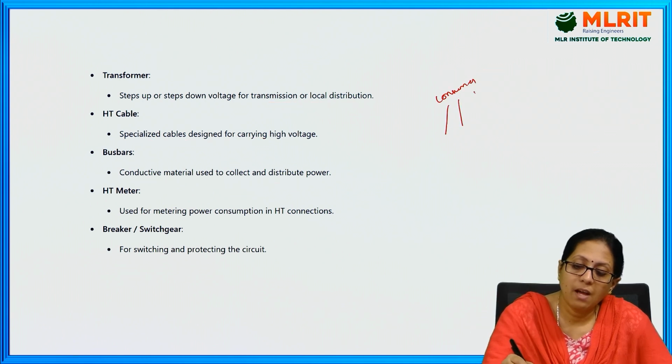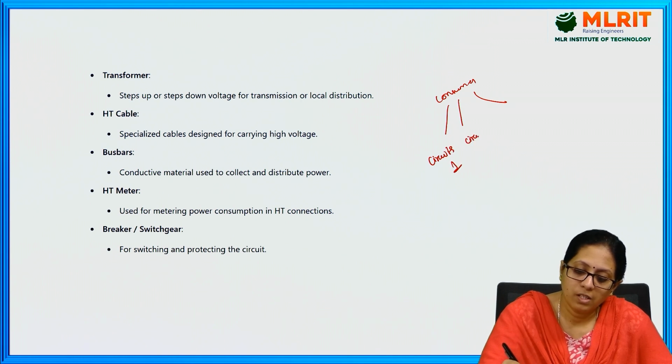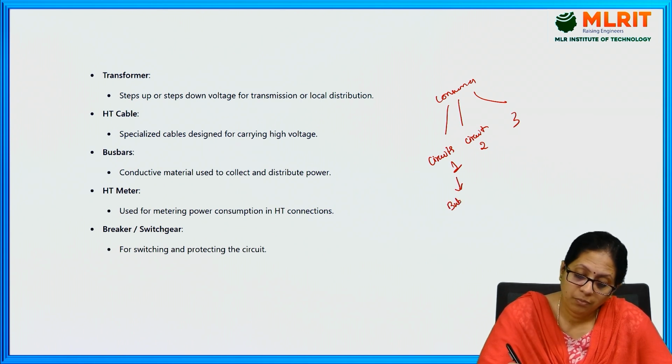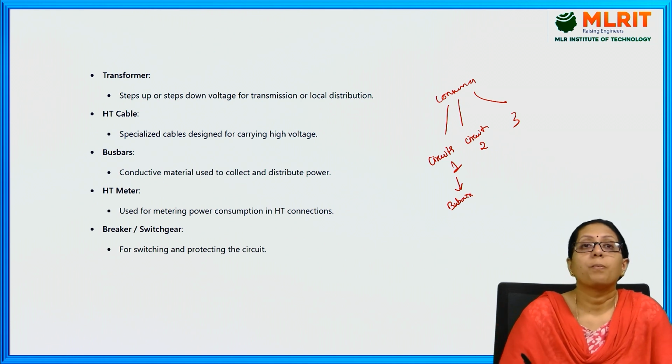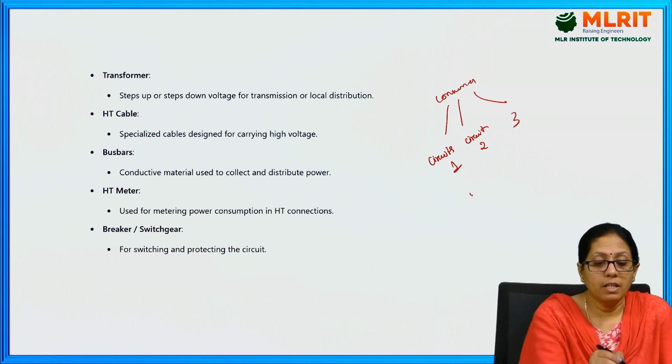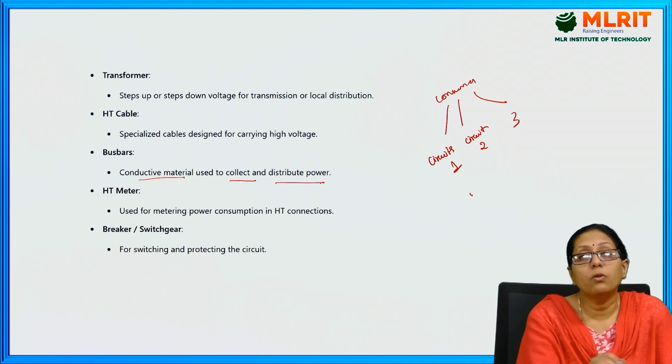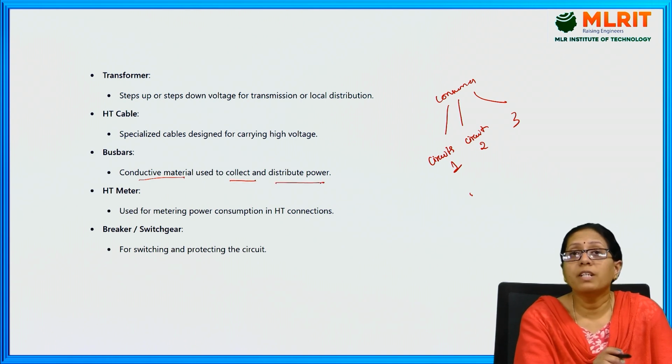A consumer will have different circuits: circuit 1, circuit 2, 3, and each circuit will have bus bars. Bus bars are nothing but the conductive material used to collect or distribute the power to different circuits.